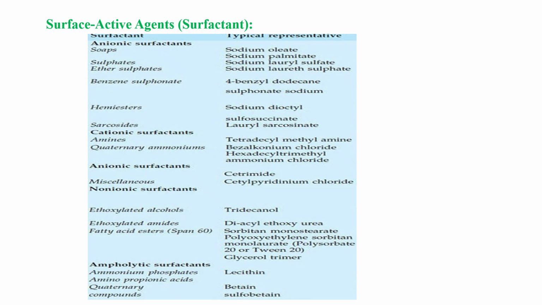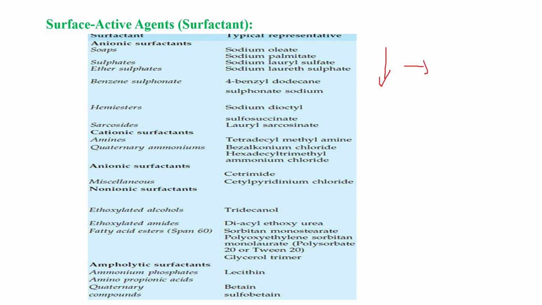Next we are going to discuss different surface active agents, or surfactants. What is the action of a surfactant? A surfactant, or surface active agent, accumulates at the interface of the surface and reduces the surface tension, and it will lead to coalescence.